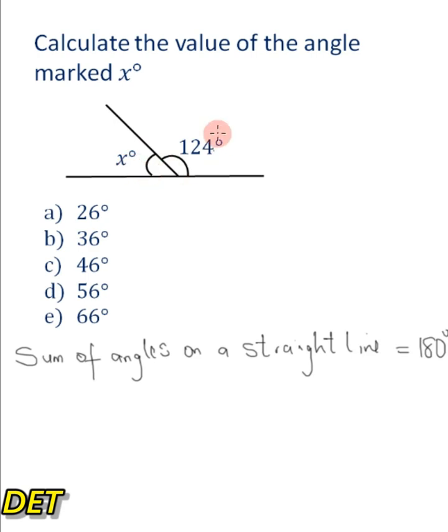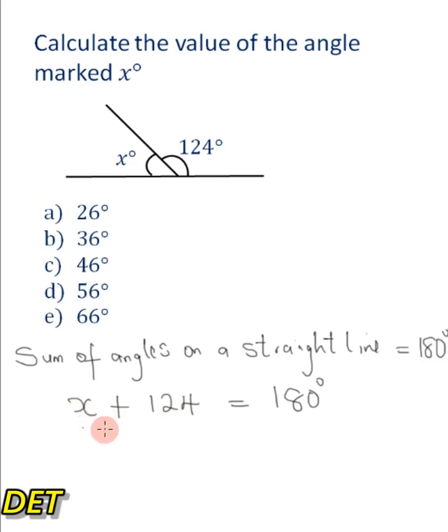From this figure, X plus 124, because this is a straight line and this is the entire angle, should be equal to 180 degrees. The reason is that the sum of angles on a straight line is equal to 180 degrees.